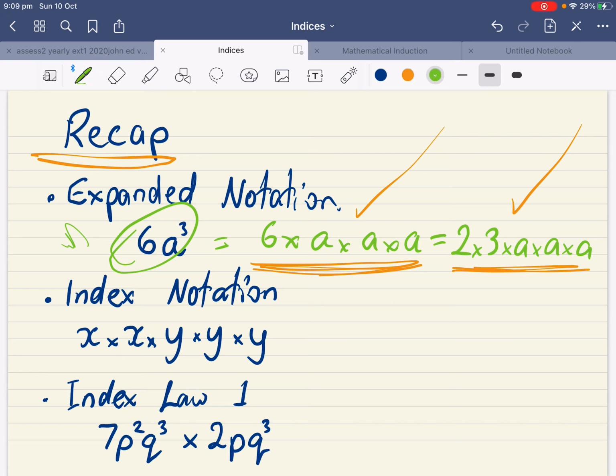Index notation. That's where you would do the opposite of expanded notation. We want to write this thing in index notation. That's where there's the powers. All right, so check it out. X times x. That would be x squared. And then here we have y times y times y. That is y cubed. If you would write it as x squared times y cubed, that would be fine, but you're like partially in expanded notation there.